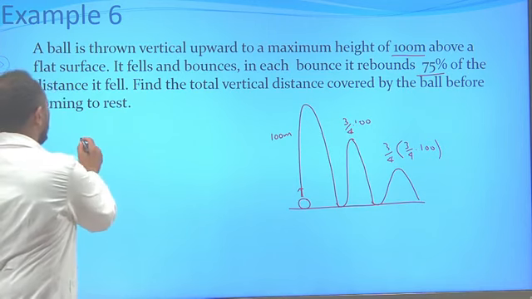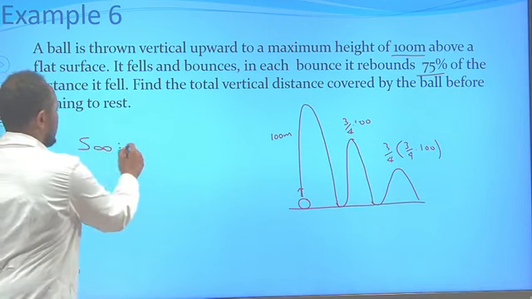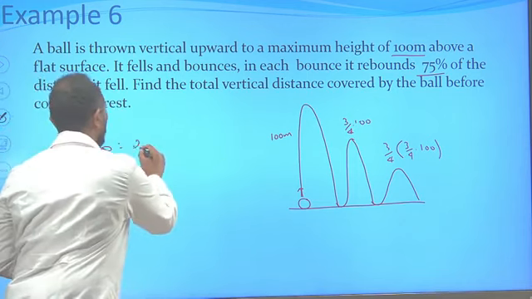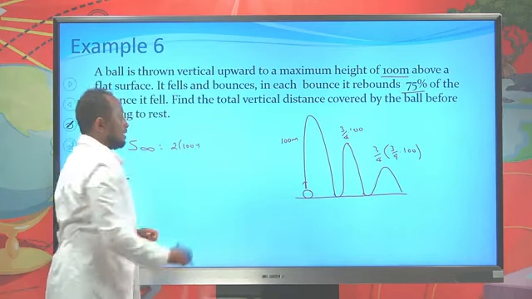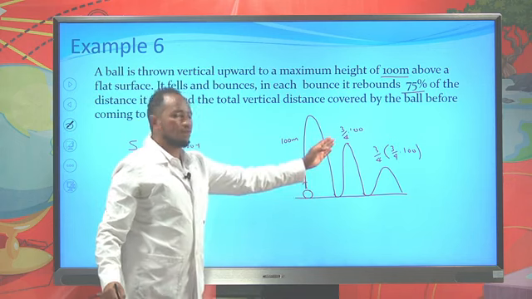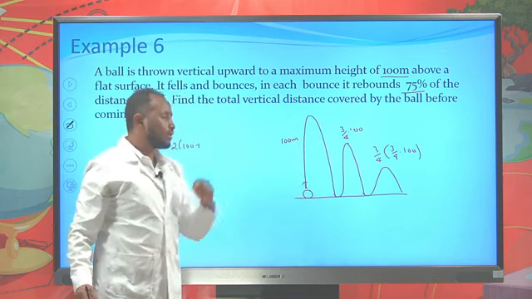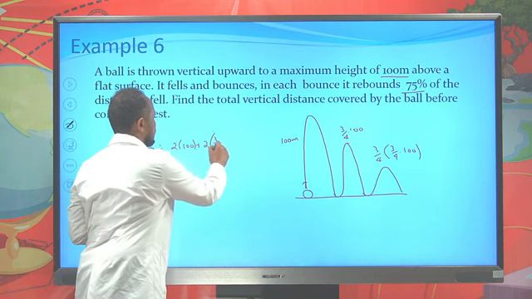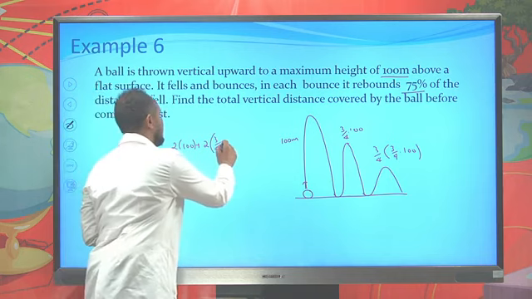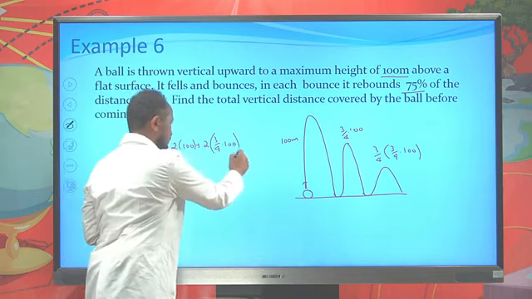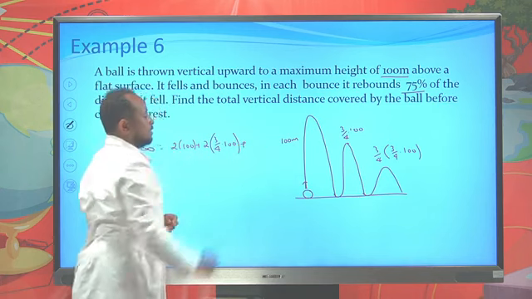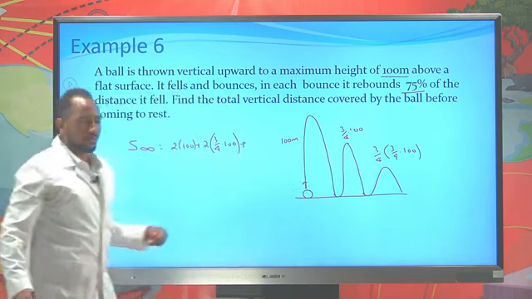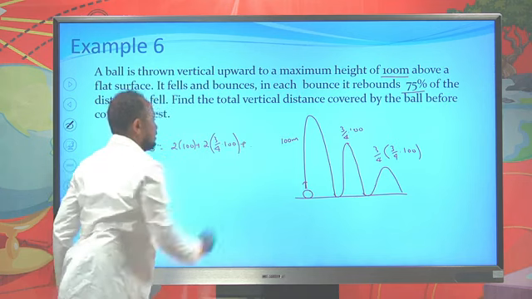So when you write the sum, it is equal to 100, then it moves up and down twice 100, plus here also it moves up 3/4 of 100 and moves down 3/4 of 100, twice 3/4 of 100, plus on the next one, twice 3/4 of 3/4 of 100, and it goes on like this.